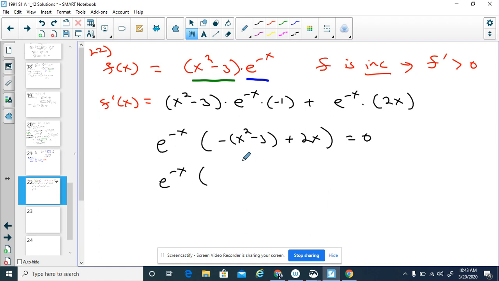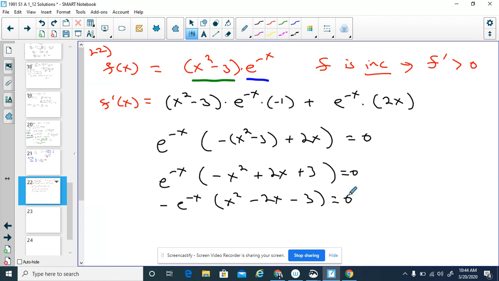So if I distribute the negative, I get negative x squared plus 2x plus 3. I kind of did two things at once there. I probably should have pulled out a negative e to the negative x, which I'm going to do now. I'll pull out that negative because if you're going to factor, you'd prefer your square term to be positive. It doesn't have to be, but it just seems like that's the way we learn, so it's easy to remember it that way. All right, so what's the deal? Well, I'm going to try and factor this.